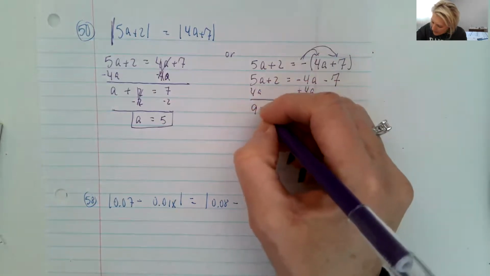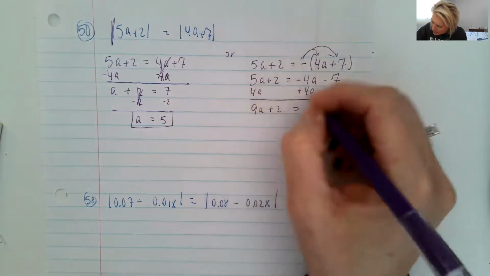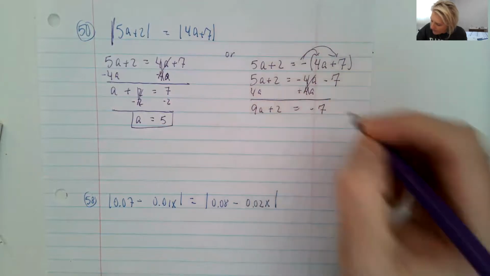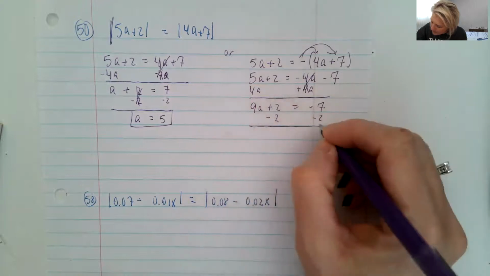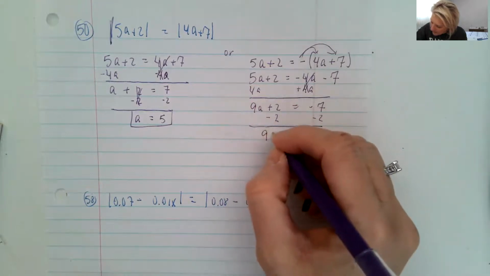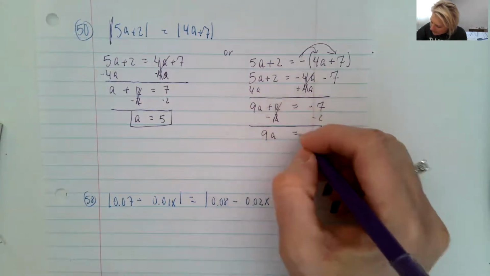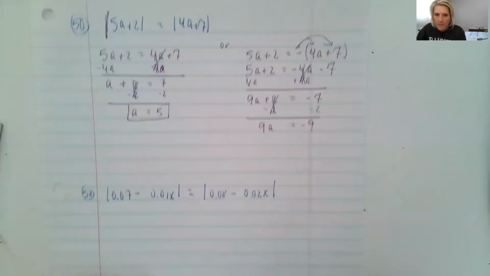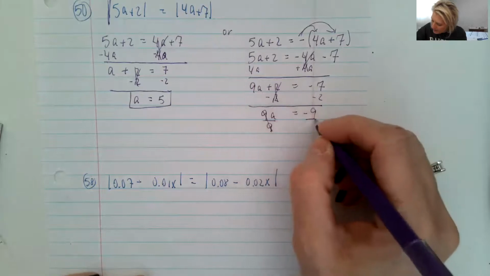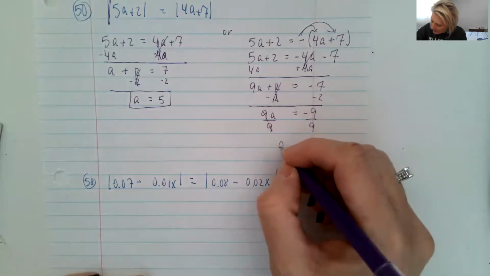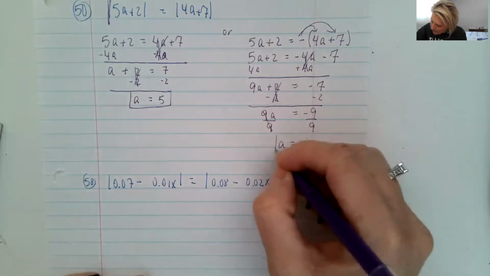So we have 9a plus 2 equals a negative 7. Subtracting 2, 9a equals a negative 9. Dividing by 9, a equals a negative 1.